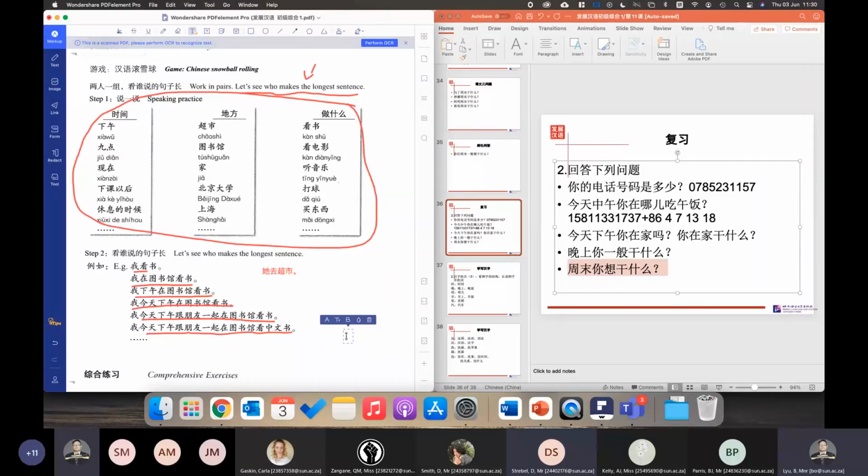Can anyone expand that sentence? 他今天下午去超市买东西. Right.